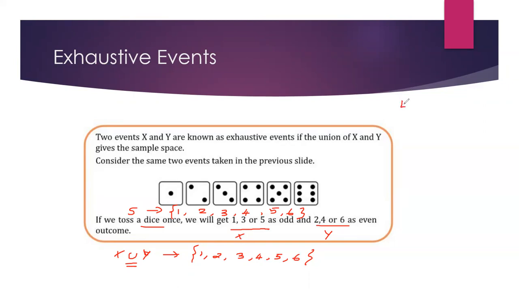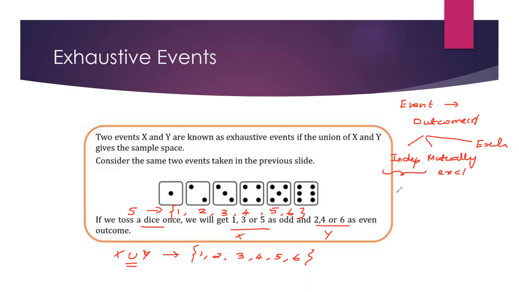So what did we discuss? We have discussed about event. Event is nothing but an outcome or collection of outcomes, right? And then we have discussed the three types of events: independent event, then the next one, mutually exclusive, and the last one, exhaustive.